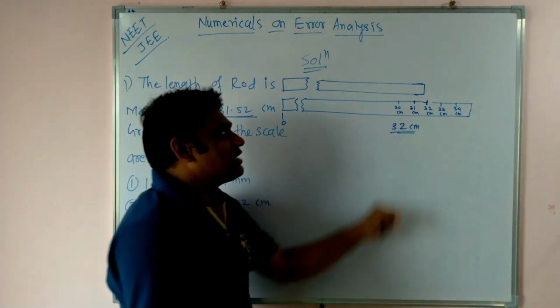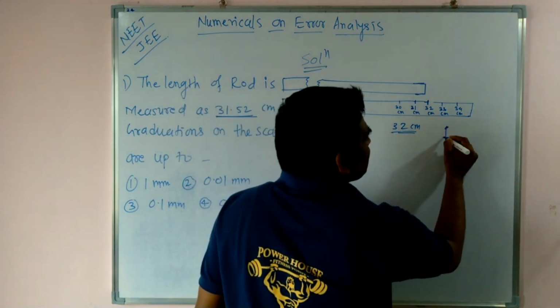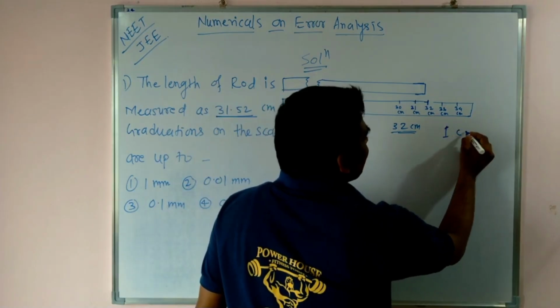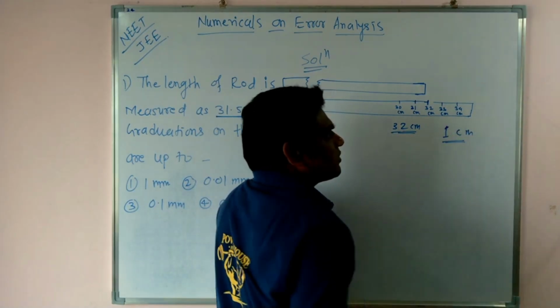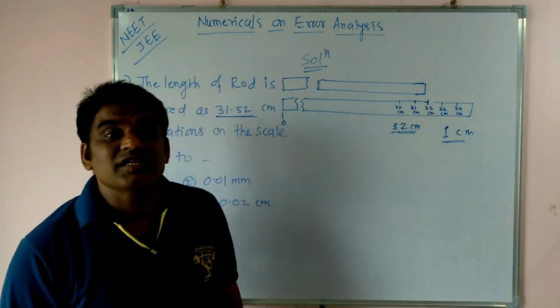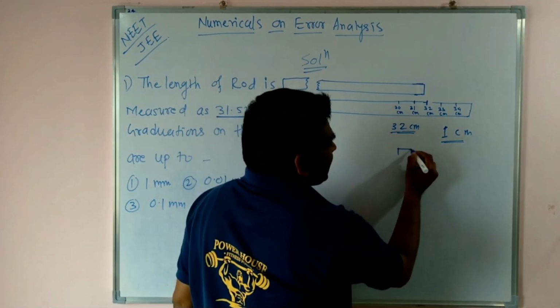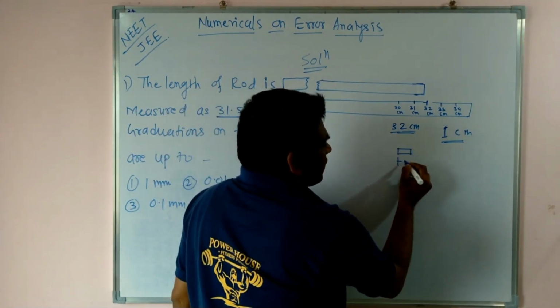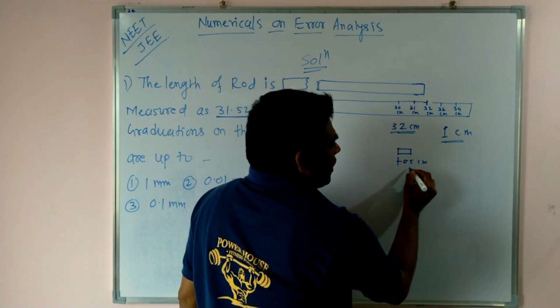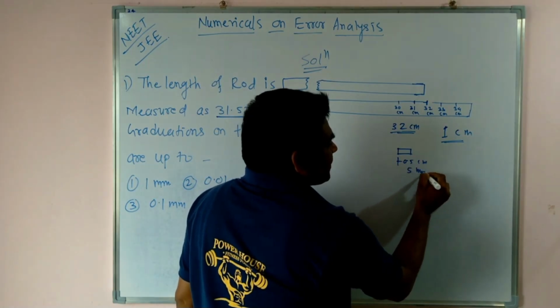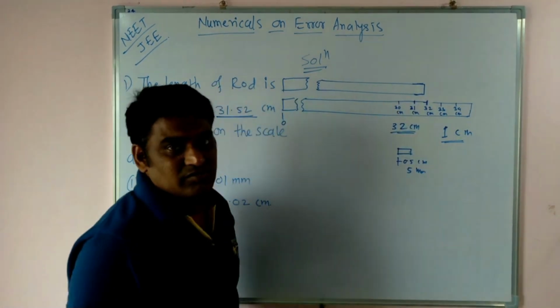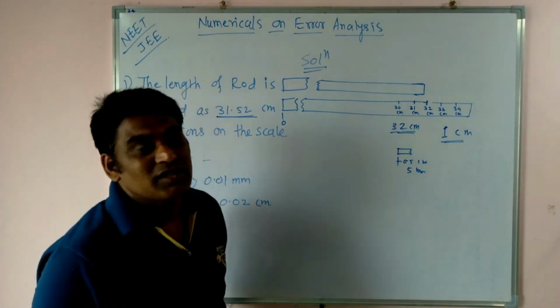So the smallest graduation on this is what? 1 centimeter. The minimum I can measure is 1 centimeter only. If it is a rod of 0.5 centimeter or 5 millimeter, I cannot measure its length using this scale.